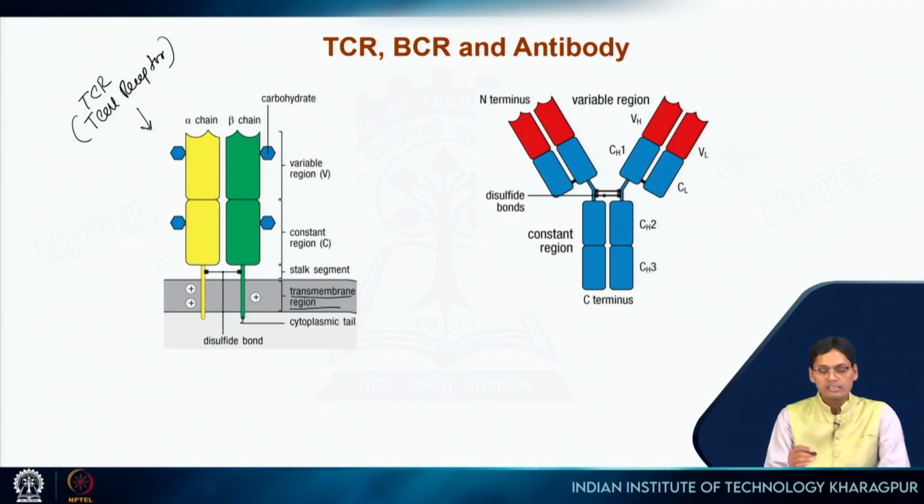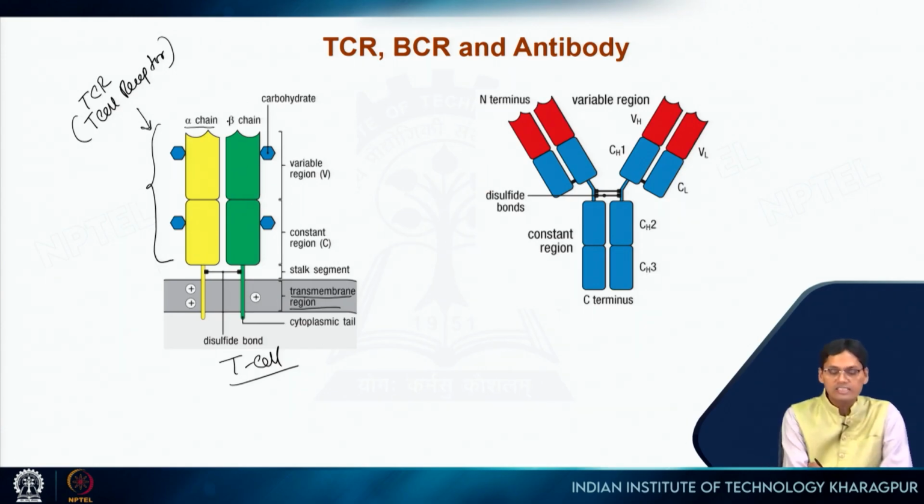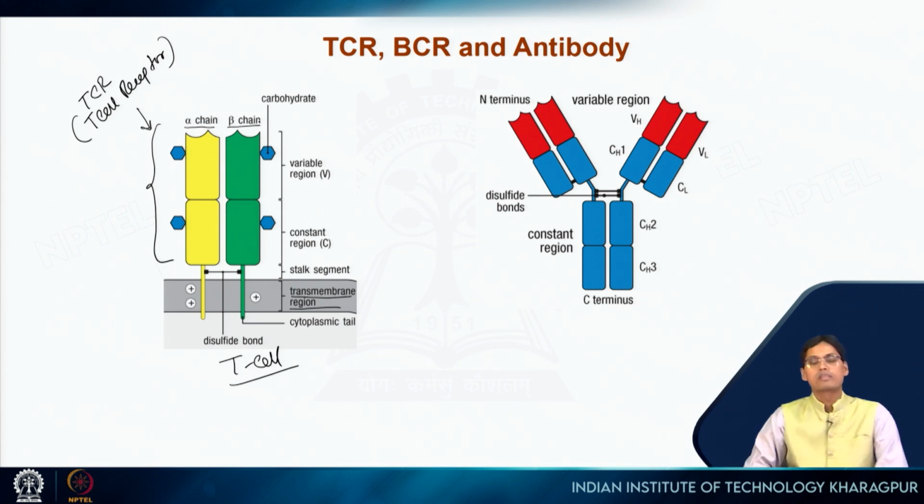And on the outer side of the cell, this is the T cell, right? So you have this T cell receptor, and this TCR is called alpha beta TCR, because as you can see, it has one alpha chain and one beta chain.